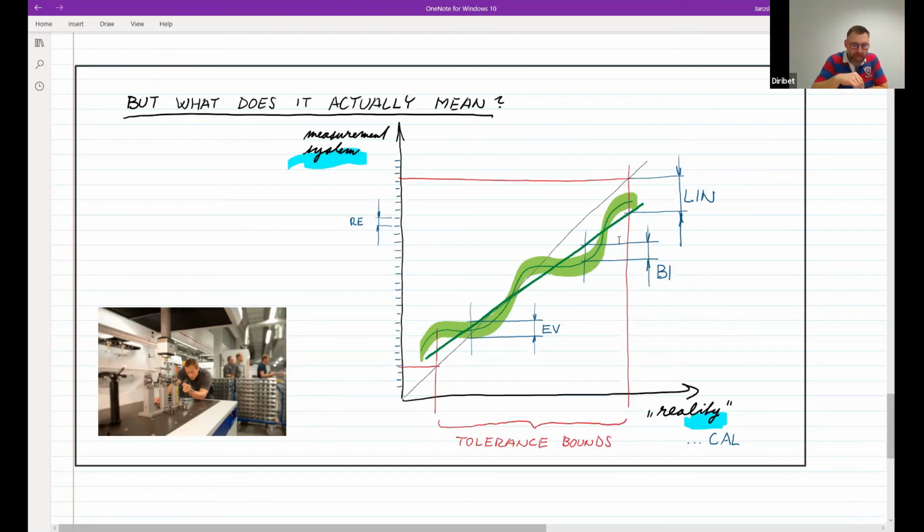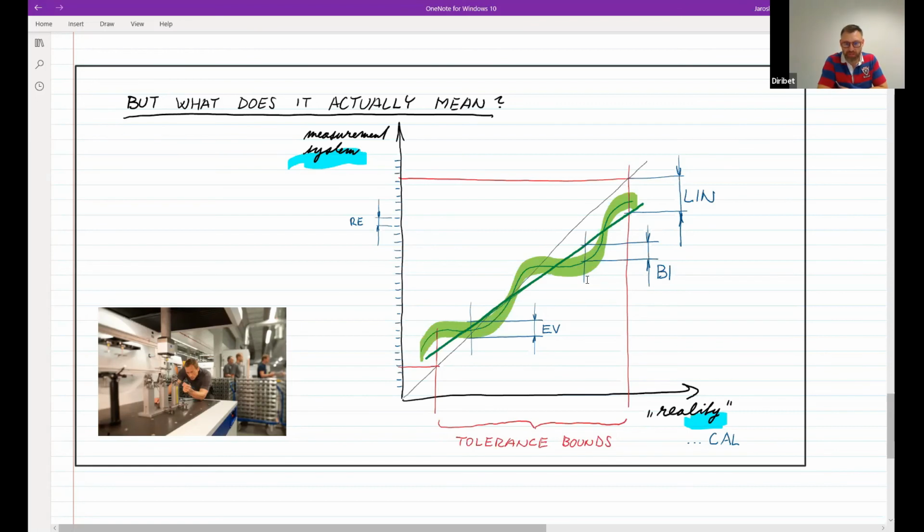Then, of course, not everything can be eliminated by linearity. So we have the bias. The deviation from what's compensated on the line would be the bias. And in these cases, we would go for the extreme. So the biggest deviation of this thin green line from the thick green line would be the bias.